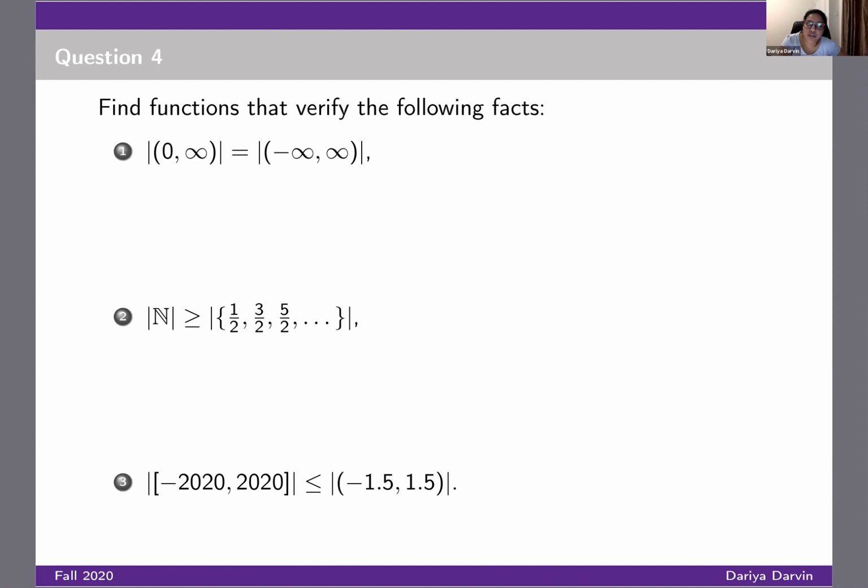X squared plus 1 from right-hand side to left-hand side. So let's see. If you have g from minus infinity to infinity, going to 0 to infinity, and g of x equals x squared plus 1, let's think about x squared plus 1.